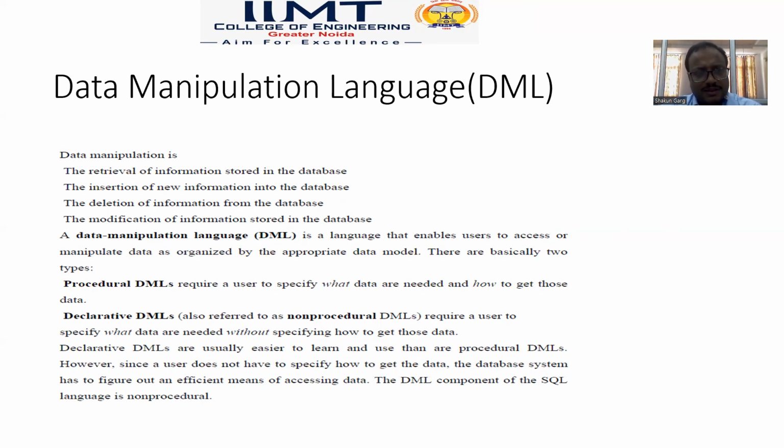So data manipulation language covers the retrieval of information stored in the database, insertion of new information into the database, deletion of information from the database, and the modification of information stored in the database. A data manipulation language is a language that enables users to access or manipulate data as organized by the appropriate data model. There are basically two types.